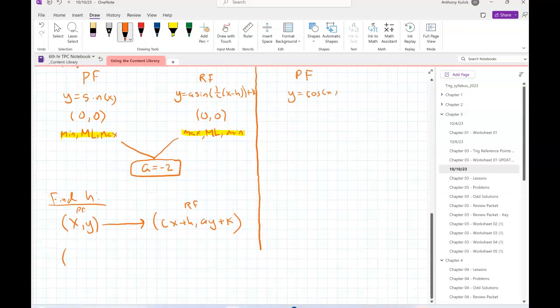So the point from our parent function that we chose was 0, 0. We found that our c was 2. The h we don't know. The a was -2. And the k was 0. And that somehow has to end at the resultant point, 0, 0.